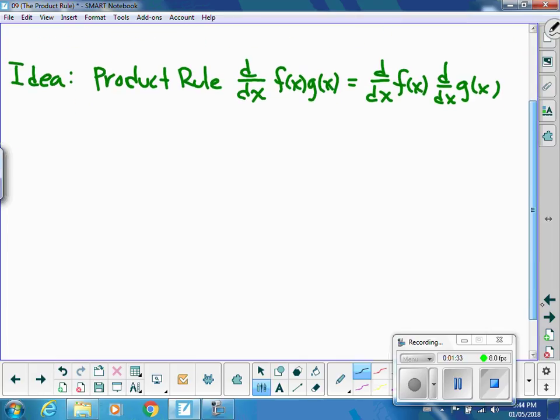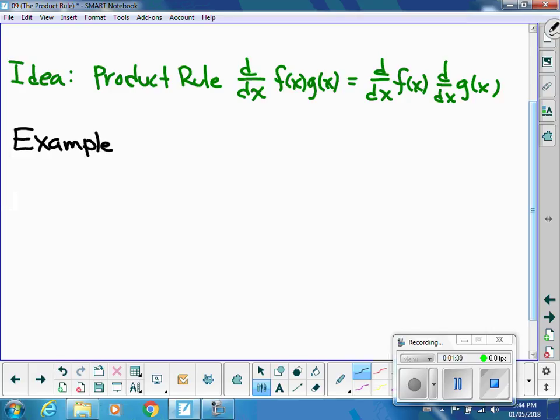So we're going to write up a simple product here. Let's find the derivative of x squared times x cubed.